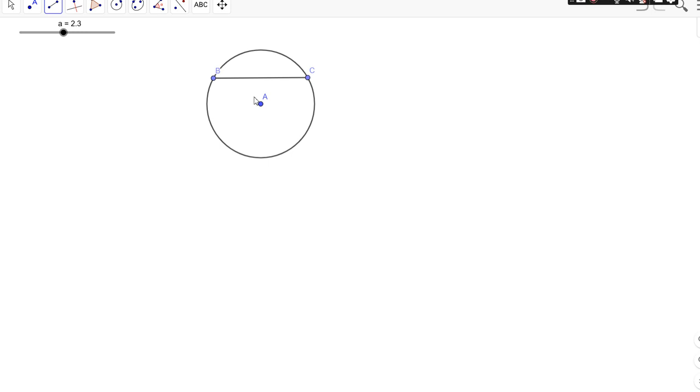I hope the definitions of minor segment and major segment are clear to you. If I take a point in the minor segment, this region BDC is the minor segment. Dear students, we will discuss the angles in the minor and major segment.